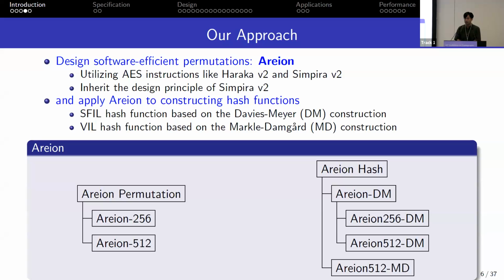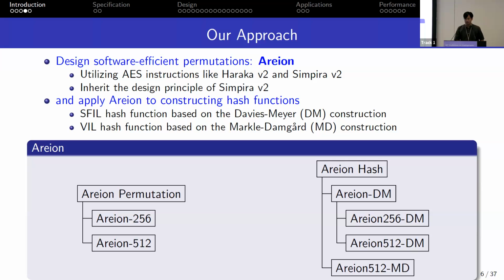Next, I'd like to explain our approach, how to design efficient hash functions for short inputs. We first design software-efficient permutations named Areion and apply them to constructing hash functions.